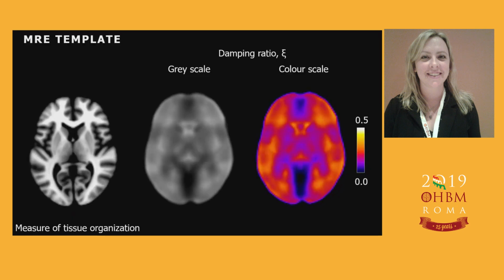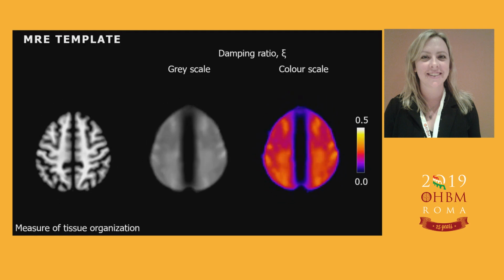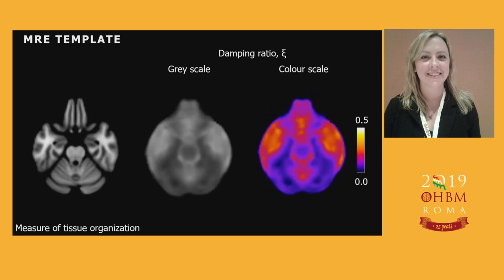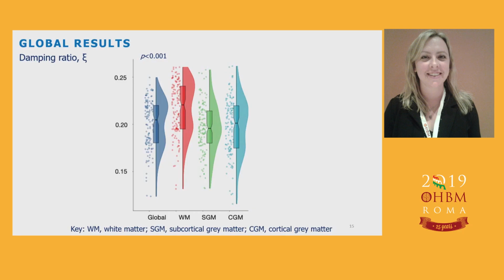So these were all the stiffness results. I just briefly went through them because there's a lot of information there. But I also talked about the damping ratio, which is the measure of tissue organization. You can see here that the brighter spots are more viscous properties of the tissue.